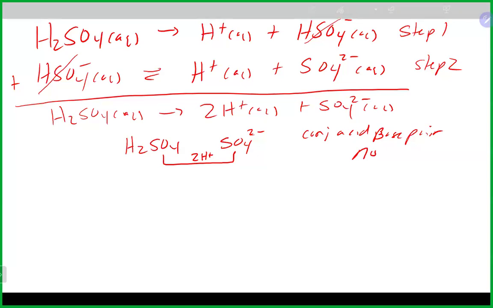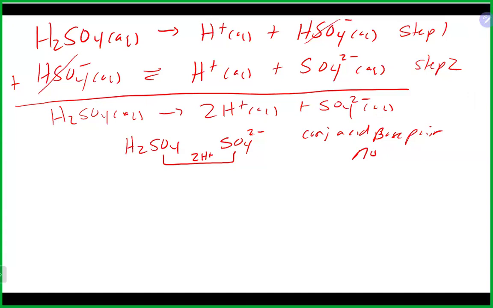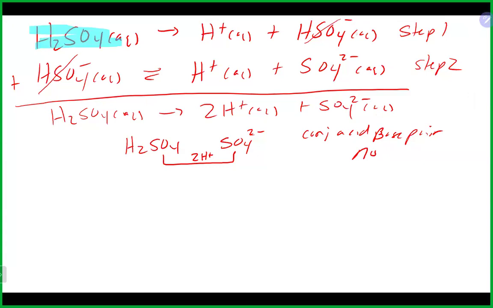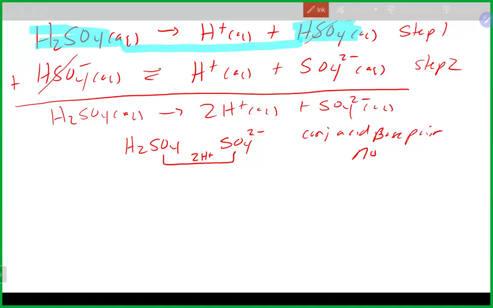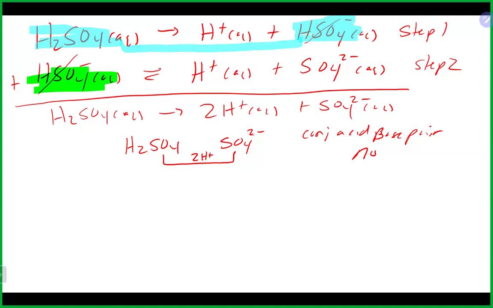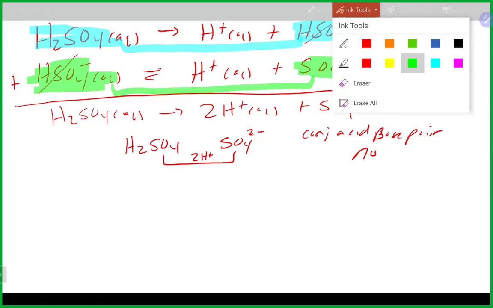But what are related to each other are H2SO4 and HSO4-. These two are an acid conjugate base pair, as the difference between them is only 1 H plus. And HSO4- and SO4 2- are also related to each other because, again, the difference is 1 H plus.